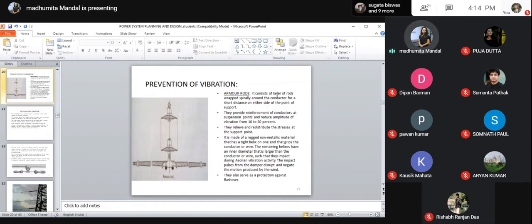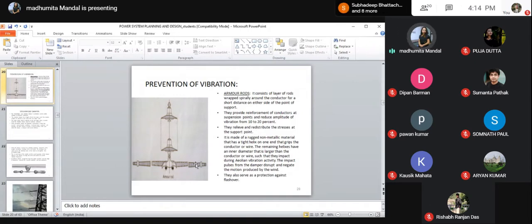Basically, the armor rod consists of a layer of rods wrapped spirally around the conductor for a short distance on either side of the point of support. They provide reinforcement of conductors at suspension points and reduce the amplitude of vibration by 10 to 20%. They relieve and redistribute the stresses at the support point.